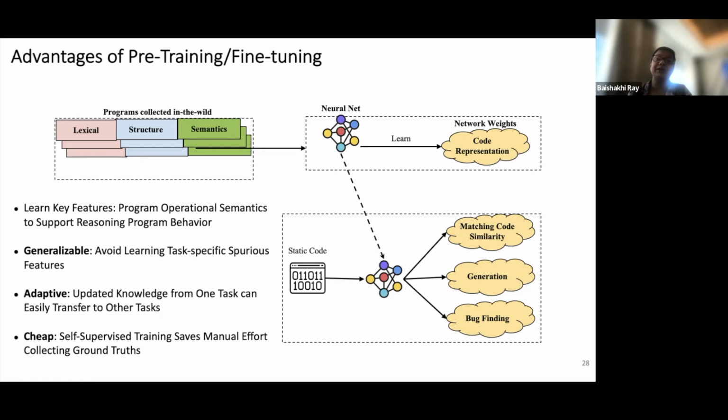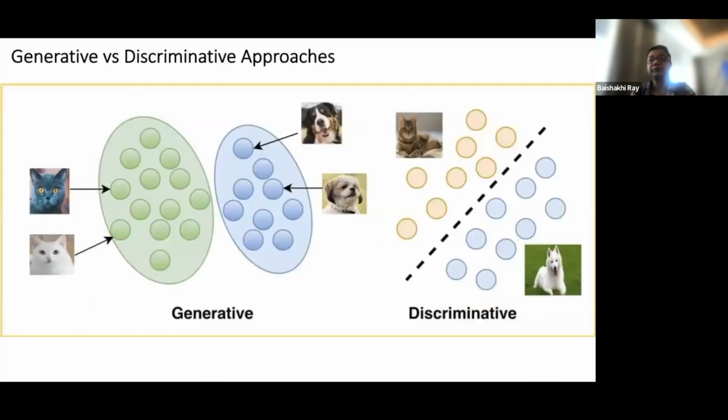The pre-trained model usually requires a lot of data, so it is a one-time effort. And for your individual task, you can take the pre-trained model and, with a much cheaper smaller data set, customize it for your target task. So that's why this kind of pre-training and fine-tuning setting becomes very popular even while modeling code.